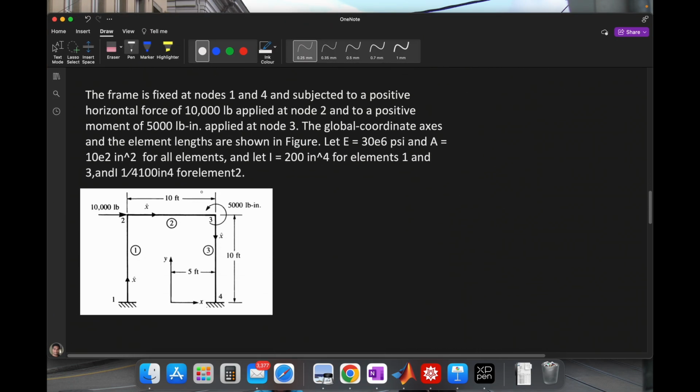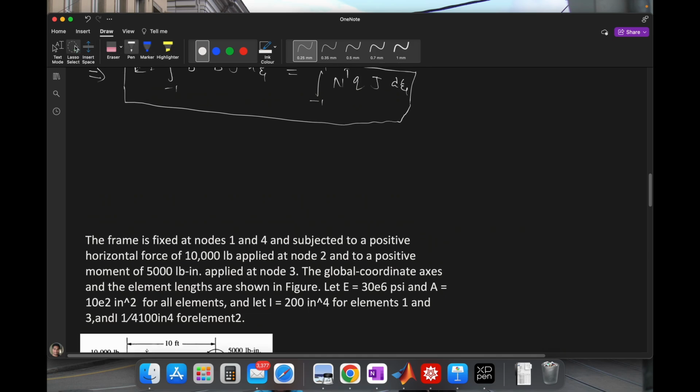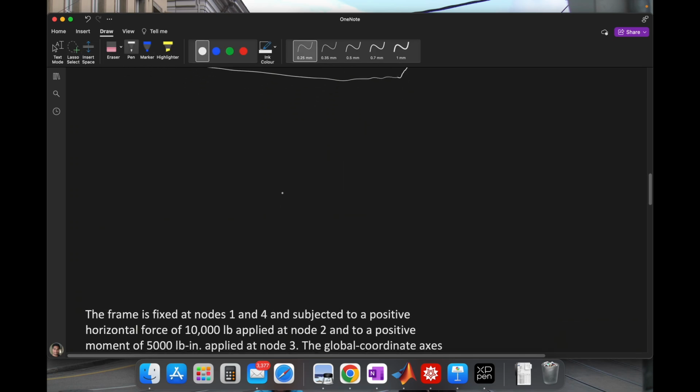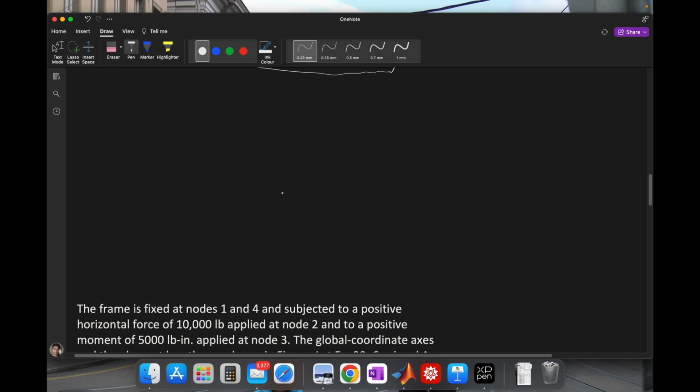Now what we will do is we will mesh and create nodes. So this is the beam, and suppose this is node number 1, this is node number 2, this is node number 3, this is node number 4, and this is node number 5.